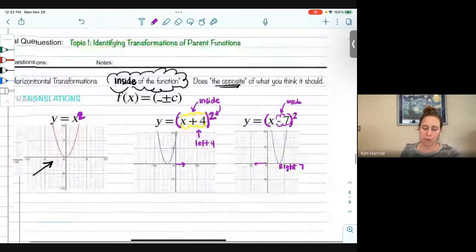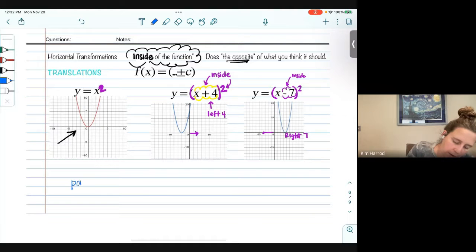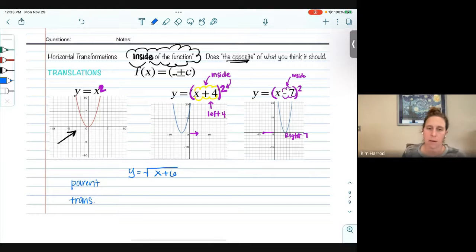So I want to show you a couple of different examples of those, and we'll look at what the parent functions are and what the transformation is. So let's say we did, here's an example using a different equation. Here's another one.